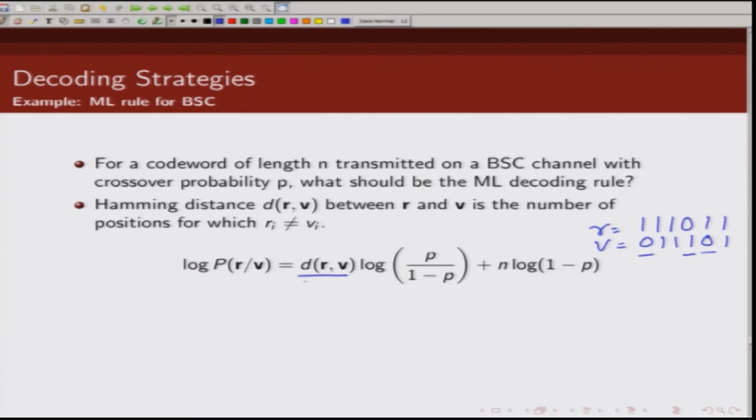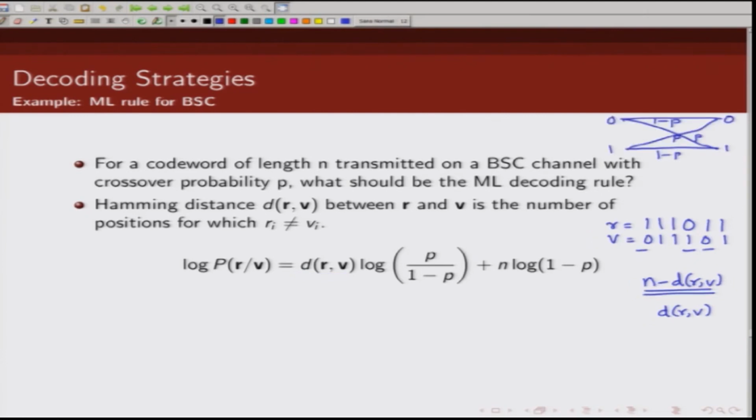So, the number of positions that got flipped is denoted by d(R,V), and the remaining bits which did not get changed number n minus d(R,V). These many bits did not get changed and these many bits got flipped.